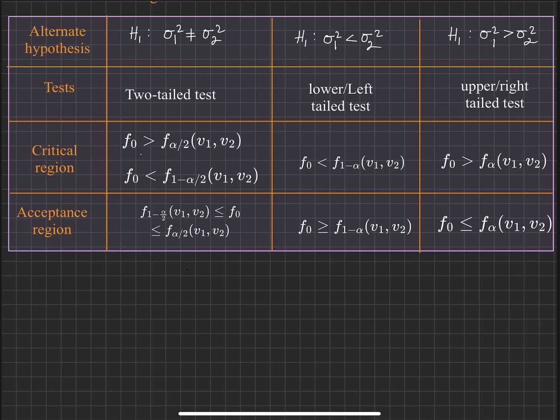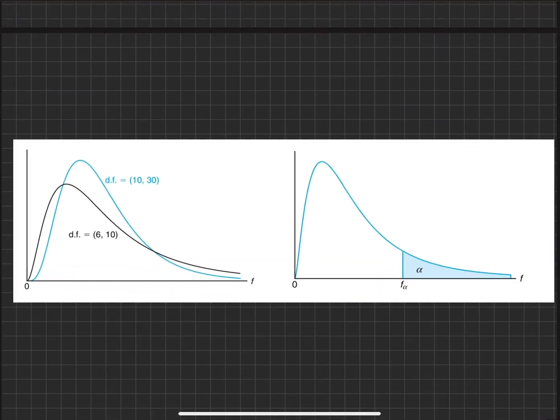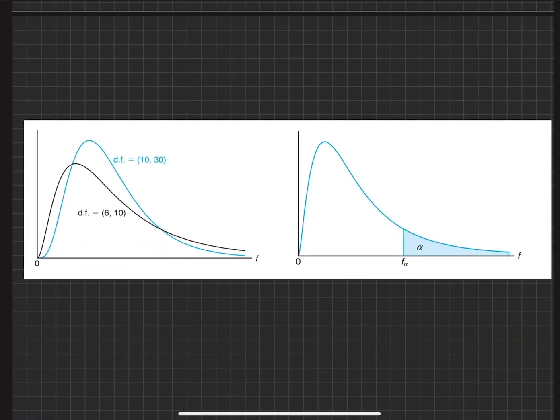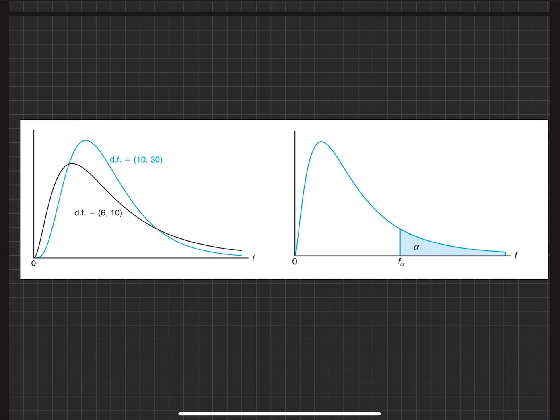Here, I will go with the graph. This is a graph corresponding to the F distribution, and F alpha stands for right side area is alpha. If the right side area is alpha by 2, then it will be F alpha by 2 corresponding to the degrees of freedom v1 and v2.